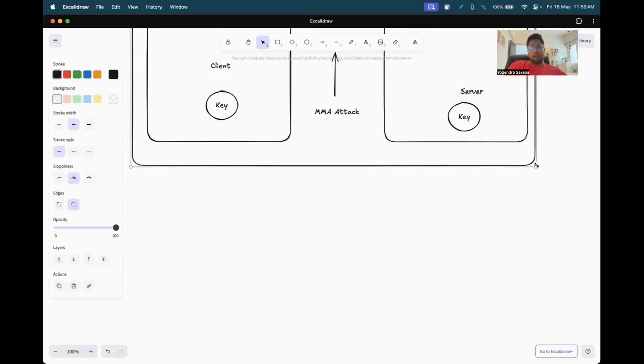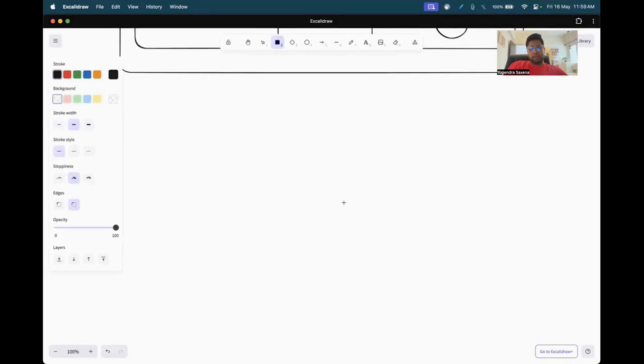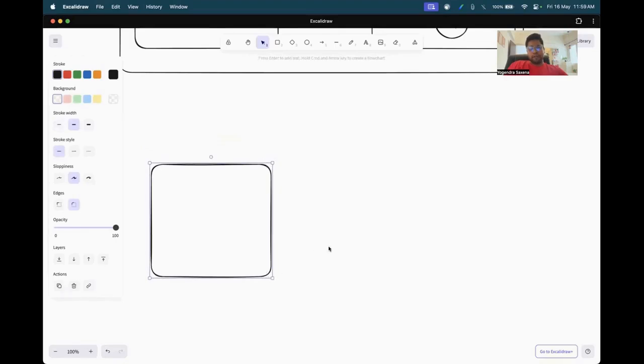So what we do, we use asymmetric encryption. What asymmetric encryption does is, let's say we have this client and we have a server.